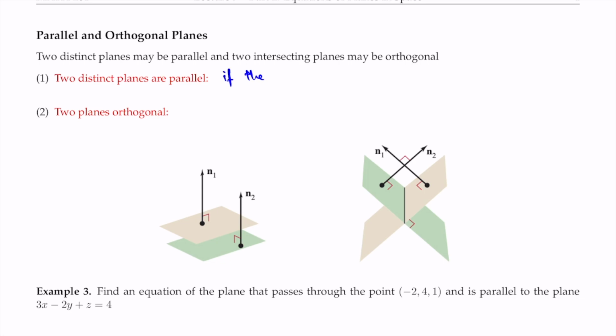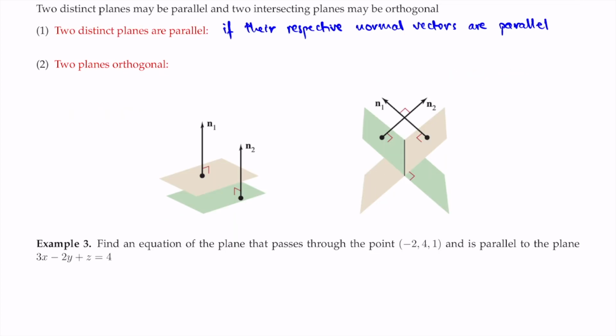In the context of two vectors that are parallel, you can write n1 as t times n2, for t a parameter, or a constant, or a scalar. So n1 can be written as a scalar multiple of n2.